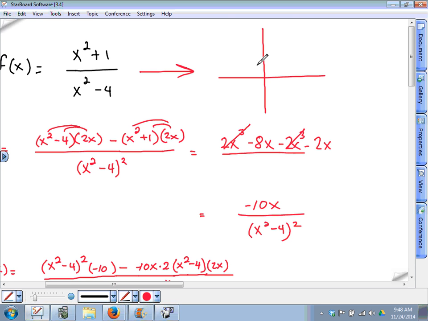This is pre-calc stuff from last year, you guys. Vertical asymptotes occur when you have undefined values. X can't be 2 or -2. There's a horizontal asymptote. We have a horizontal asymptote when you divide the leading coefficients. 1 divided by 1. It's 1. So we have a horizontal asymptote at 1.